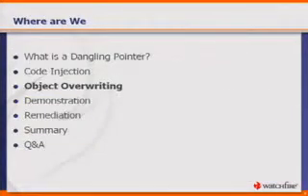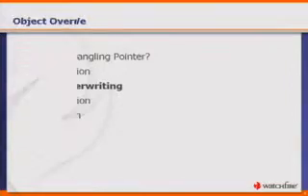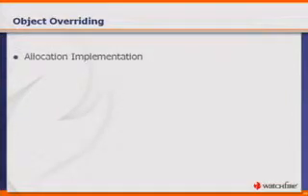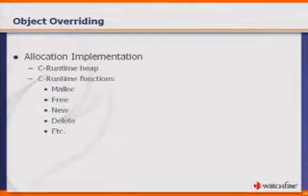Okay, so how can we overwrite this object? That's the subject of this section. I'm going to talk a bit about how memory allocations and deallocations are implemented inside Windows applications. So each application has a C runtime heap.